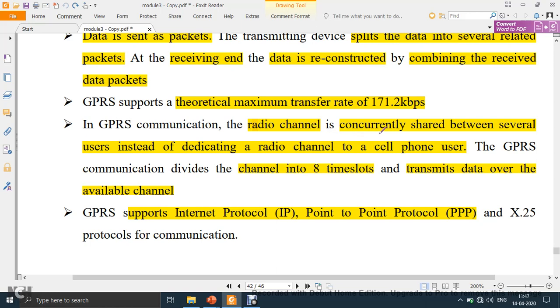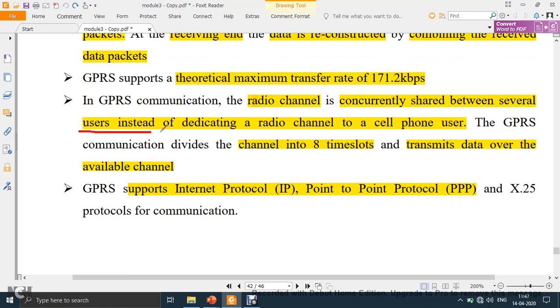The GPRS radio channel is concurrently shared between several users instead of dedicating a radio channel to cell phone users. What do you mean by this? Only one radio channel will be there, and that radio channel will be shared with many users. It is just like time multiplexing, wherein the same channel is shared between 4 or 8 different users. Each user will be given a time slot, and within that time slot the user will send the data, but the communication channel is only one.